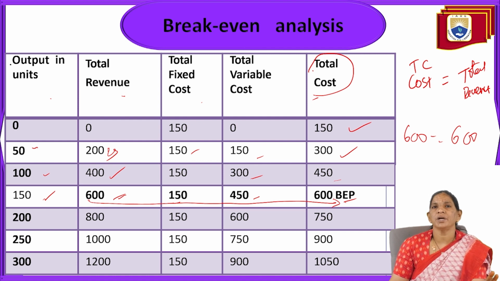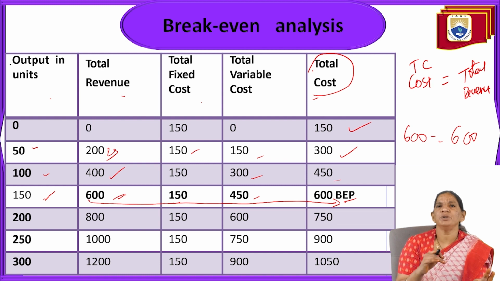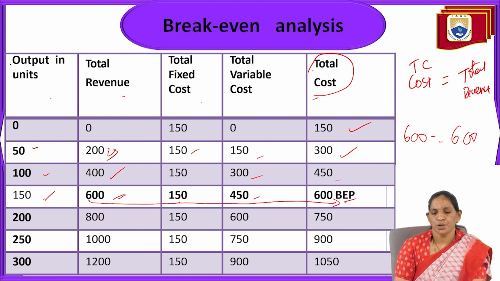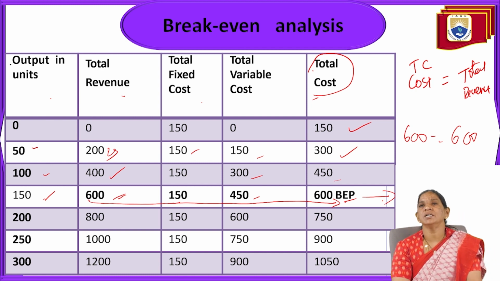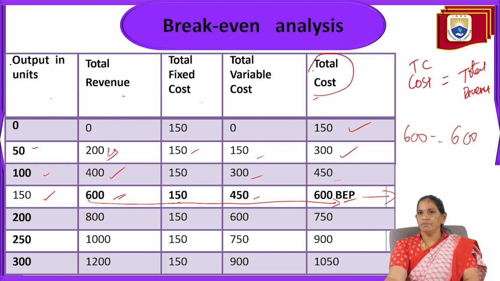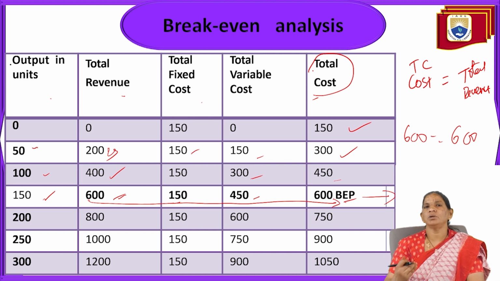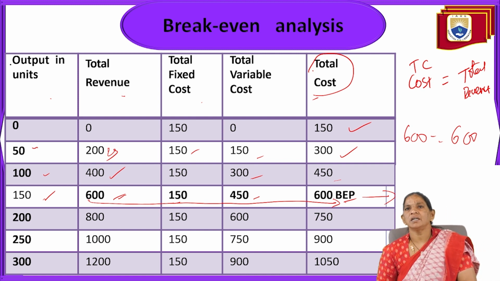So at this point, I am able to get back the total cost I have put into production. So this is the point of getting back my original investment. It means what I invested in the production, that amount I am getting back at this point. So this is called break even.